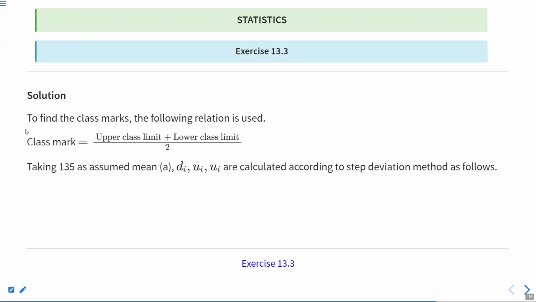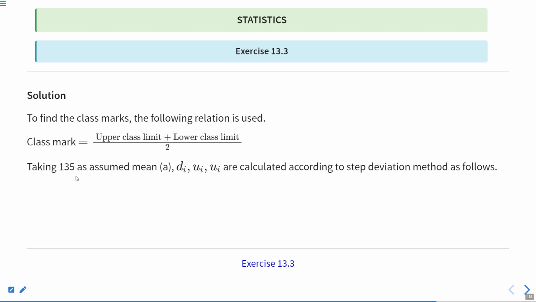Now to find the class marks, the following relation is used. You have studied this formula in your previous lecture: class mark is equal to upper class limit plus lower class limit divided by 2. Using this formula we can find the class marks.